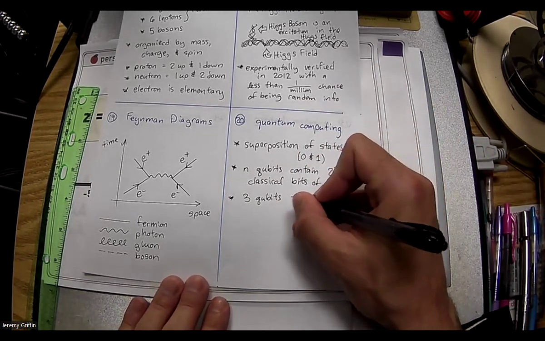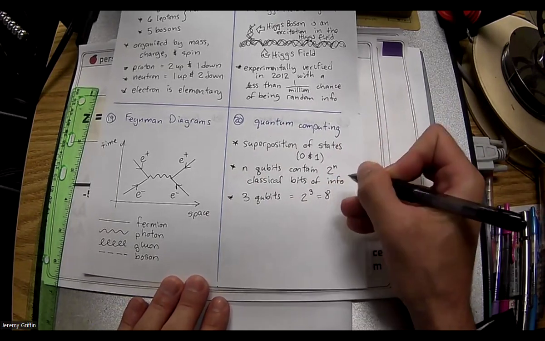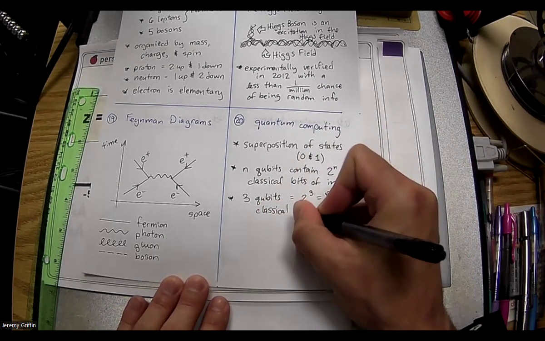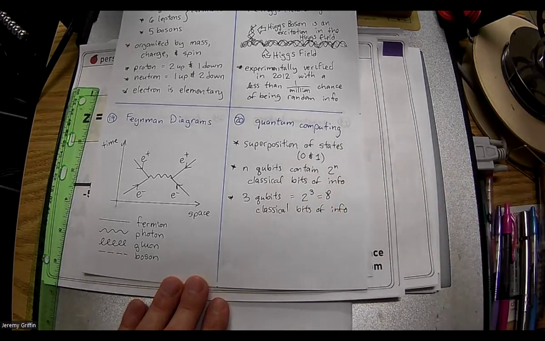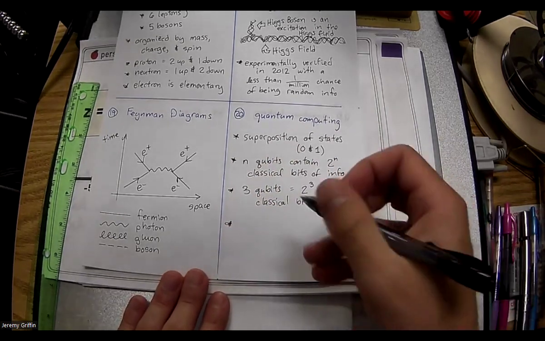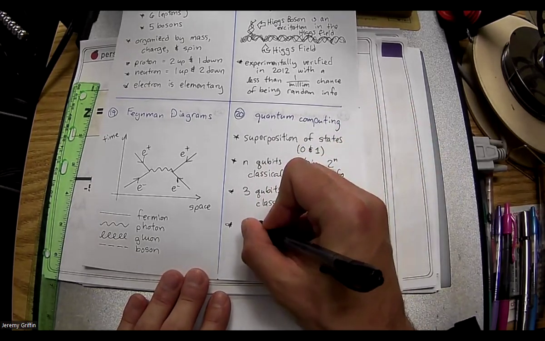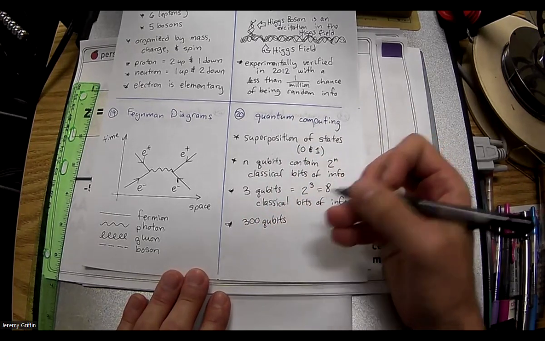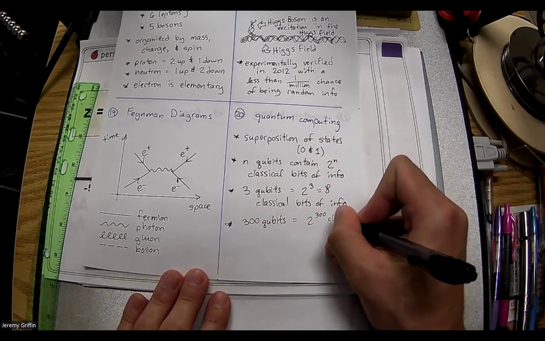That would be 2 to the power of 3, or 8 classical bits of information. Because of how exponentials work, it doesn't take too many to fly off the scale real fast. Even 300 qubits, fewer than the number of days in the year, so 2 to the 300 classical bits.